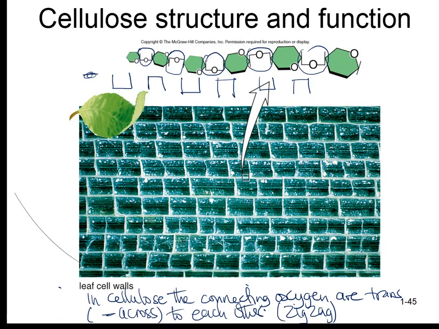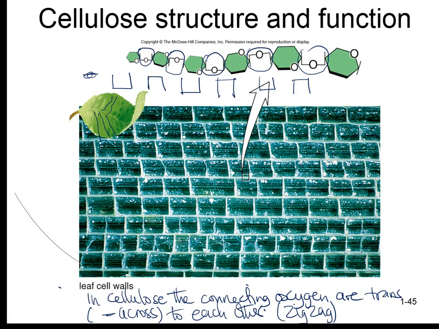And if you are given a leaf, you see this part of a leaf, these ones are cellulose. This here is cellulose. This one is cellulose. They provide support to this leaf. All these are cellulose.